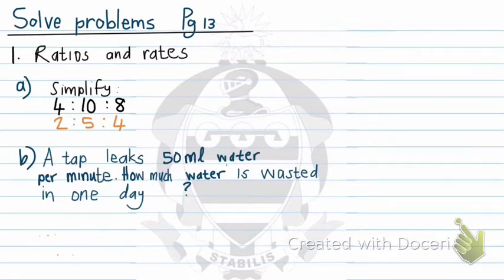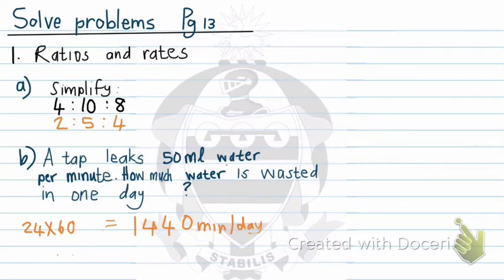To answer this question, we need to know how many minutes there are in one day. Now we know that there are 60 minutes in an hour, and we know that there are 24 hours in a day. Therefore, if I say 24 times 60, I will get the number of minutes in a day, and that is 1,440 minutes.